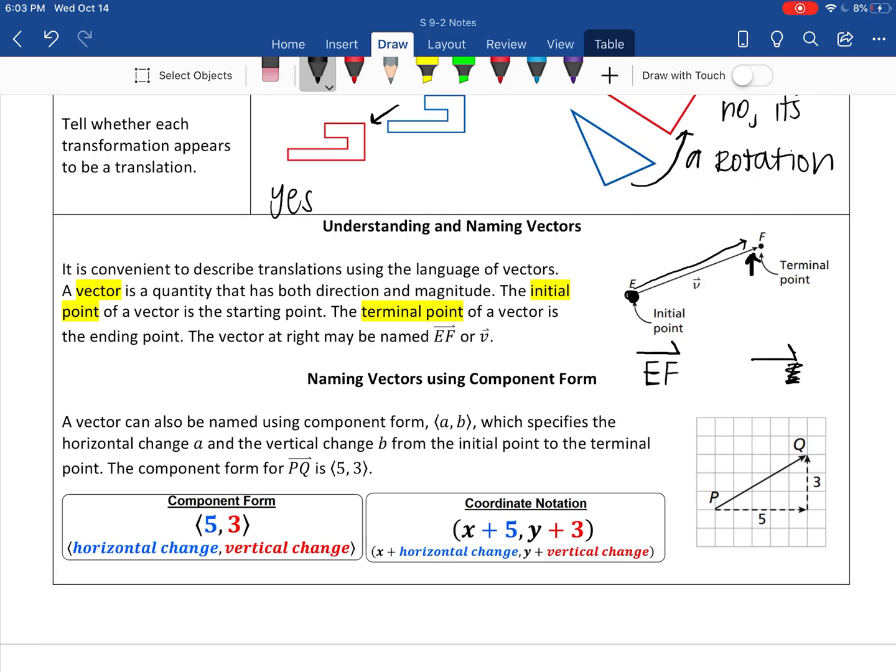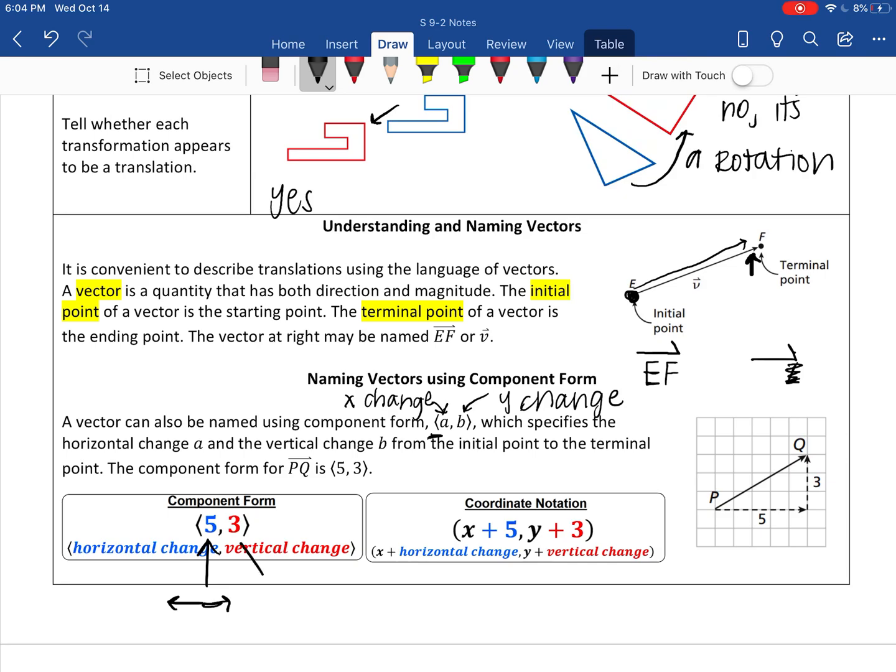When you're naming a vector, you can use what's called component form. Component form is what I call pointy parentheses, your x value or your x change, comma, your y change. Like I said, it specifies how far you're going left or right, and how far you're going up and down. If it's negative on the x value, you'd be going left, and if it's positive, you'd be going right.